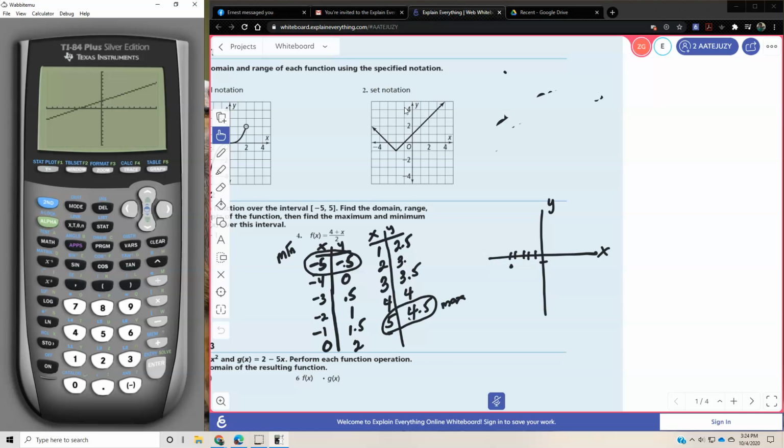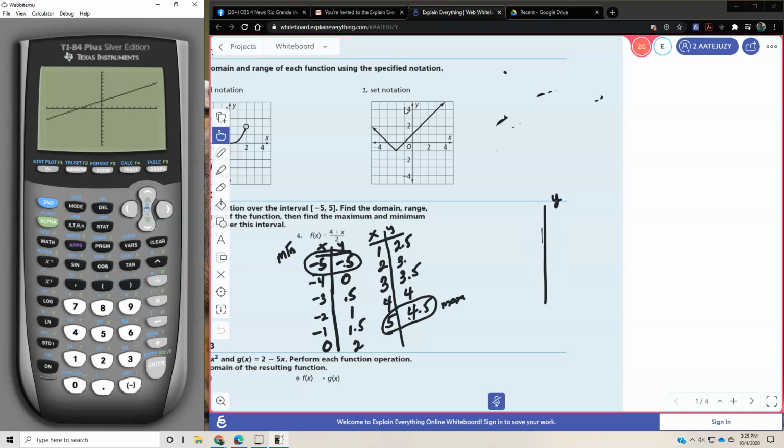Negative 4 is 0. So let me erase this. You probably want to have some graph paper. I'm just going to sketch it here.